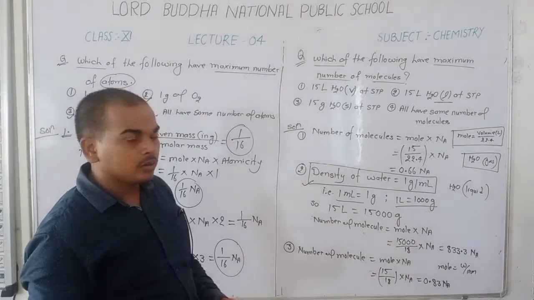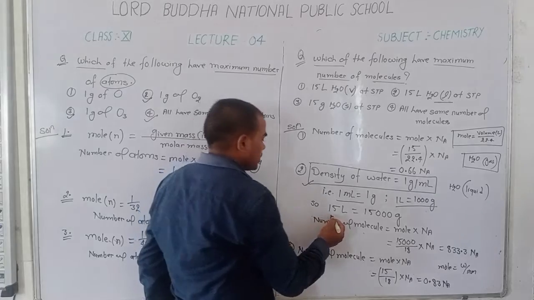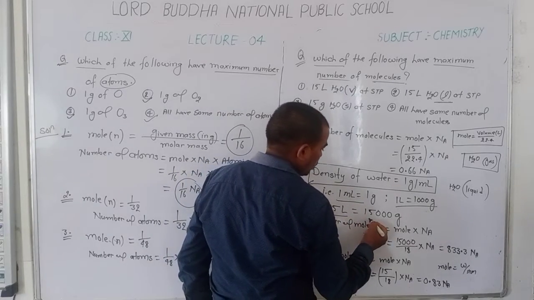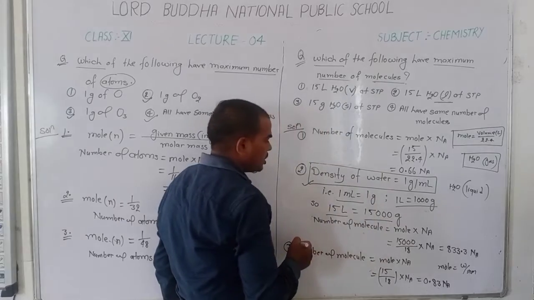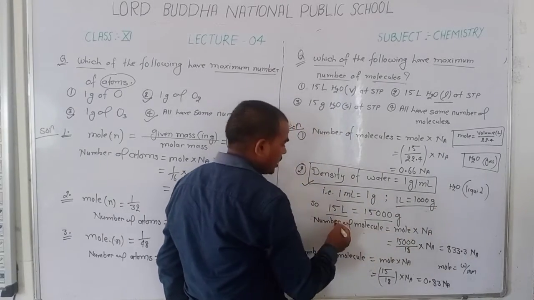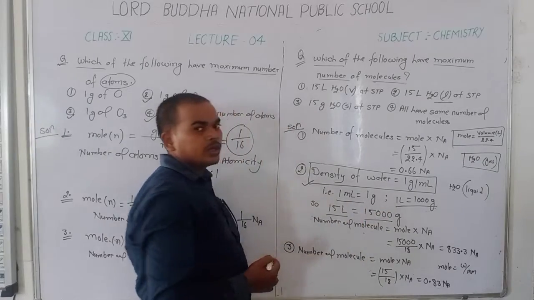That means 15 liter equals 15,000 gram, because 1 liter equals 1000 gram.